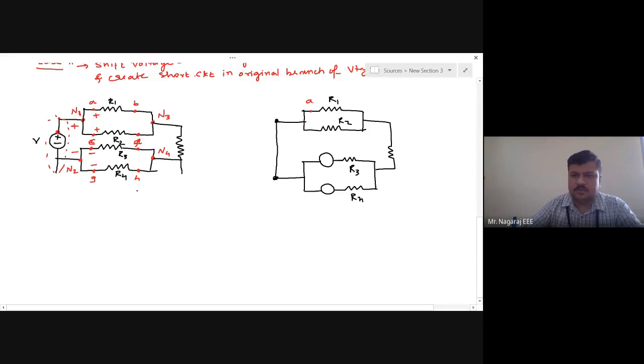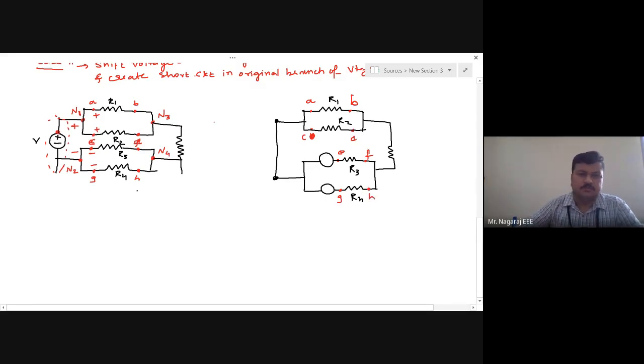These are terminals A, B, terminal C, terminal D, terminal E, F, and G, H.